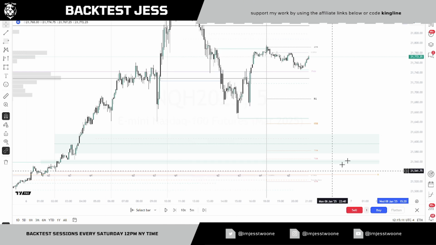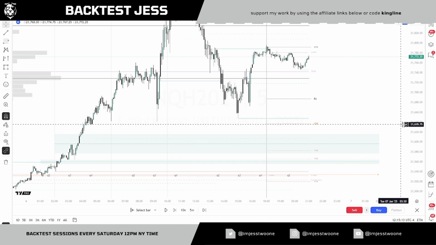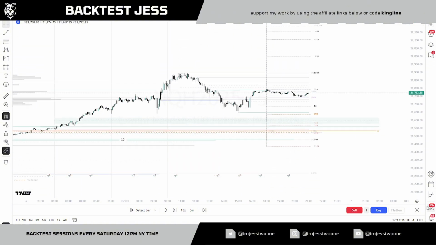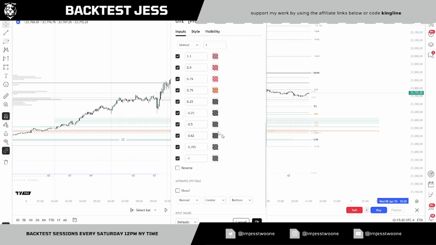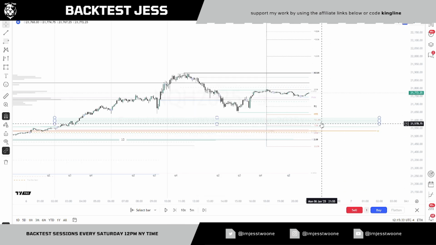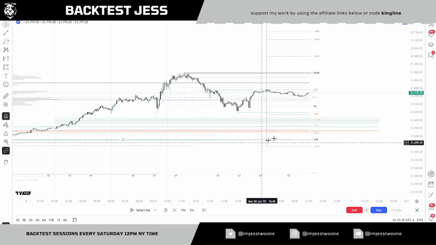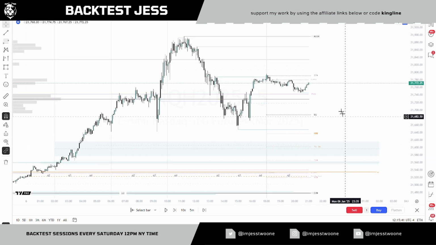I don't know why this is adjusted that way. I hadn't noticed that. Okay. Yes, exactly. So 0.618, 0.705, 0.79. That entire area is the OTE zone.